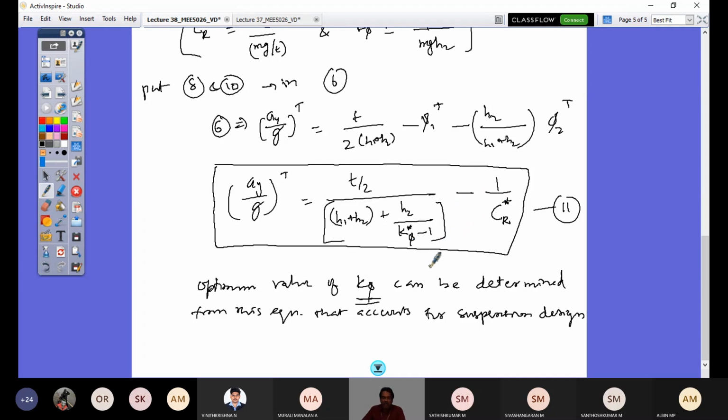So if I keep changing the k phi star value, starting from 1, and keep increasing it, I would have my plot.